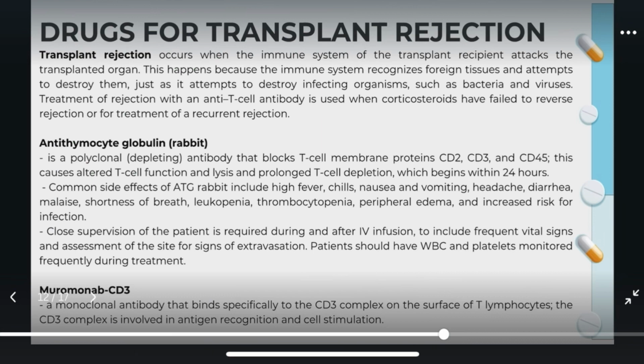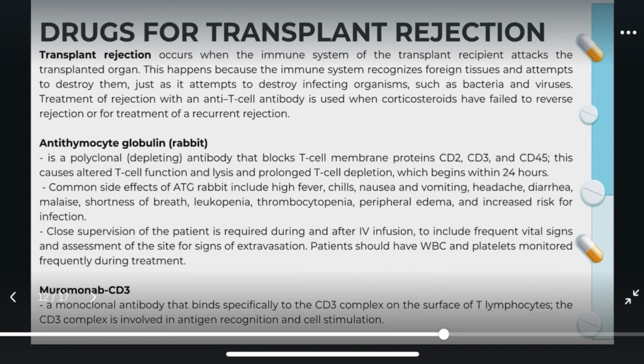Treatment of rejection with an anti-T cell antibody is used when corticosteroids have failed to reverse rejection or for treatment of a recurrent rejection. Anti-thymocyte globulin (rabbit) is a polyclonal antibody that blocks T-cell membrane proteins CD2, CD3, and CD4-5.